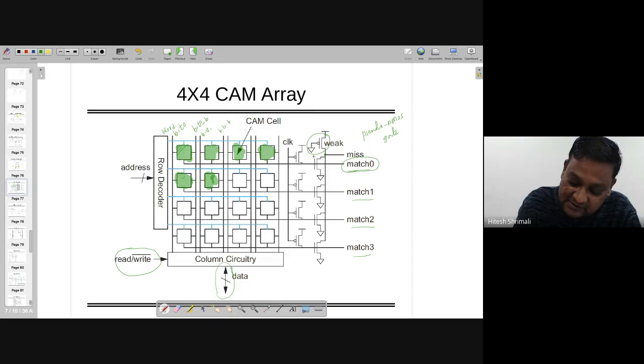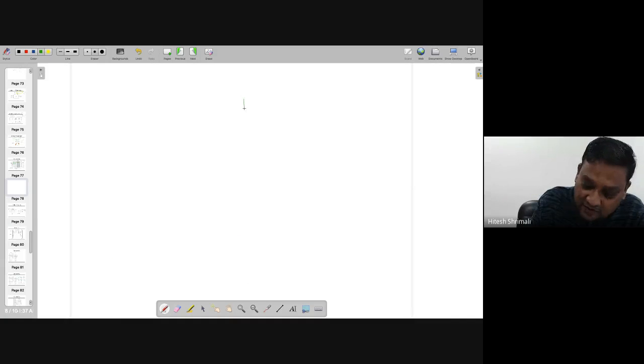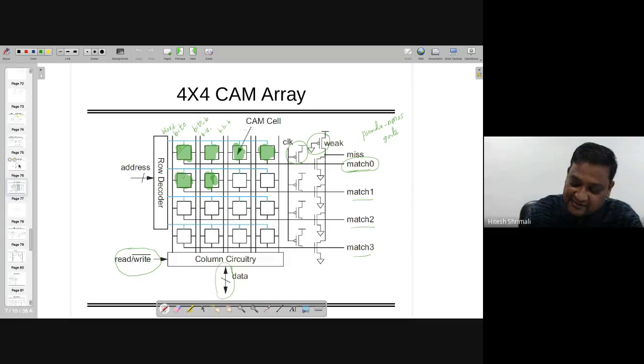And in another case, I am also keeping another logic which is the clock. If you look at all these things separately, having this one on top, there are many matches in parallel.